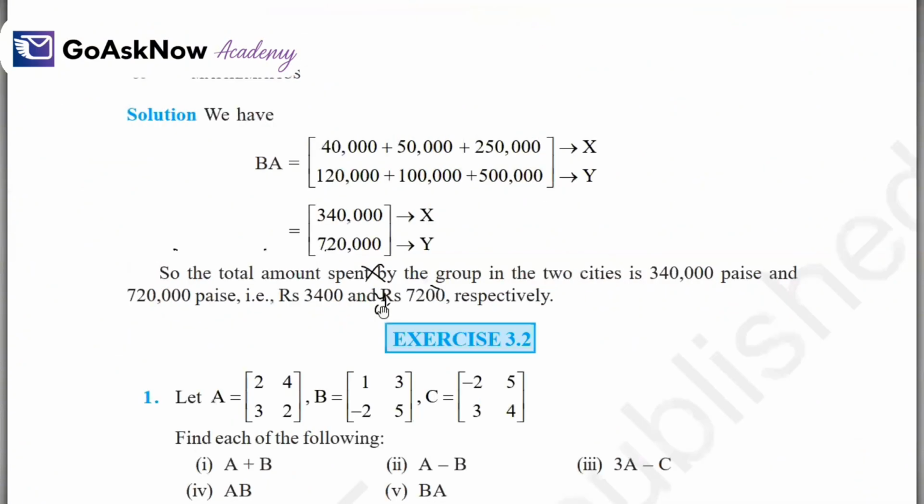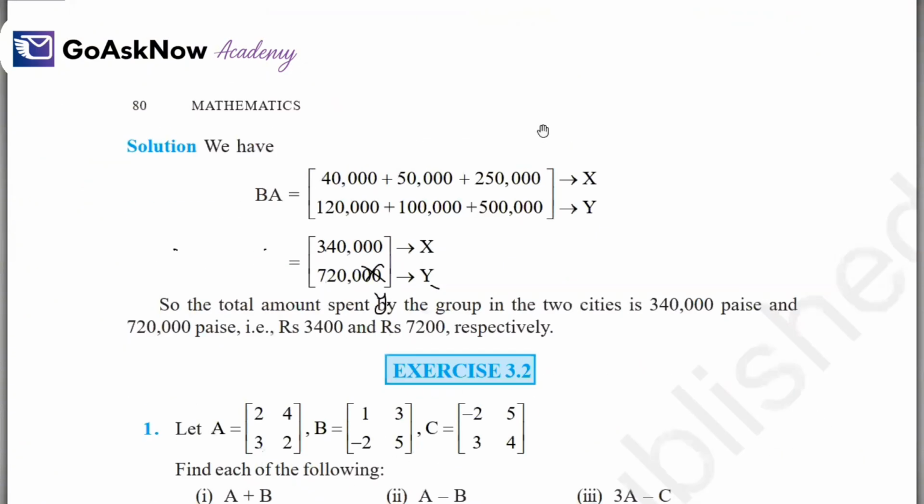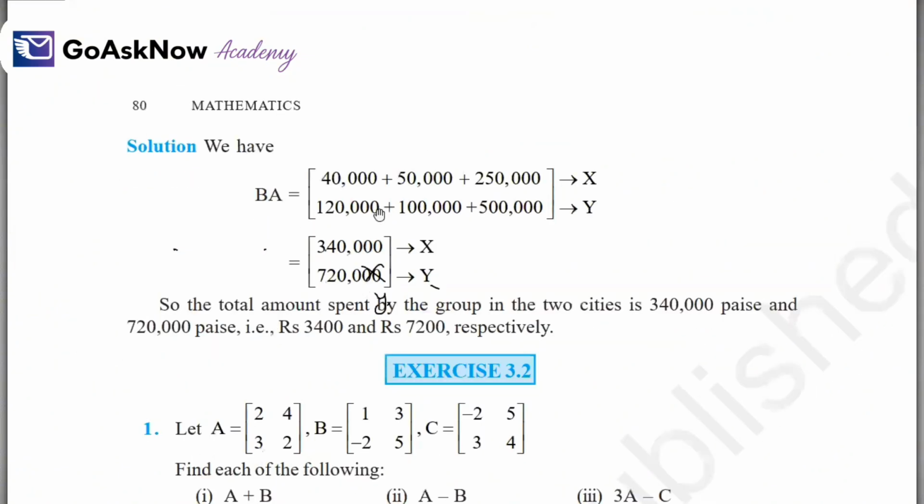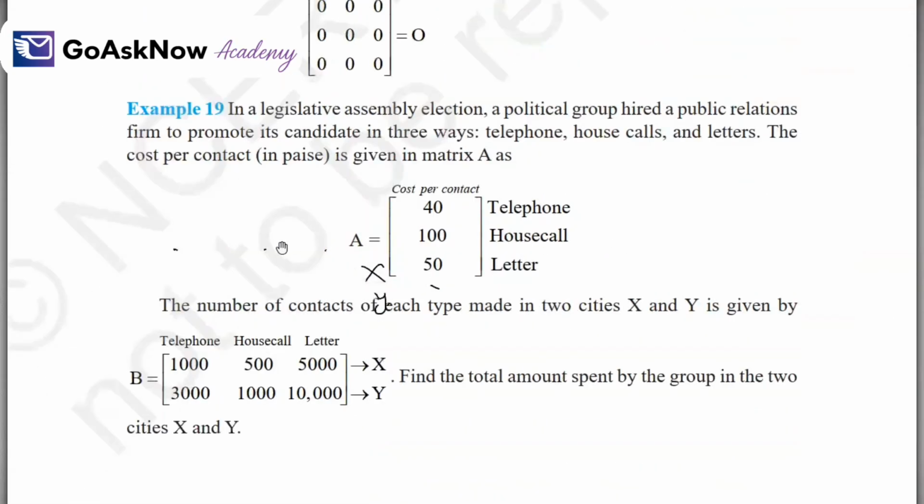Just do the summation part here, you will get the result. After multiplying B to A, you will get the result by summation. Just multiply that B matrix to A matrix.